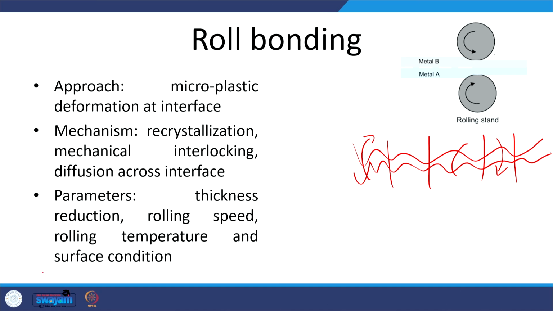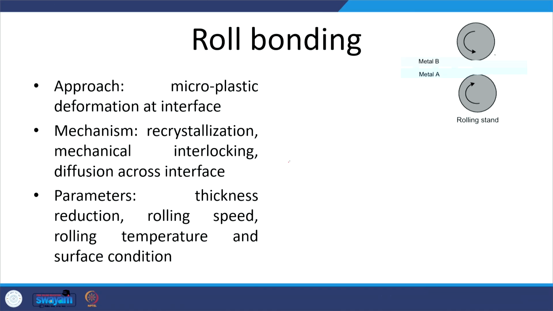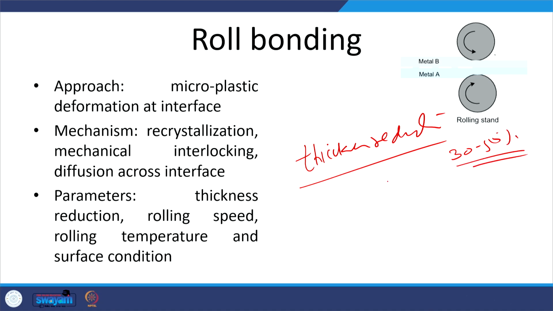So, as far as the important parameters concerned with this roll bonding process, the thickness reduction. There should be a minimum threshold reduction, which is usually say 30 to 50% depending upon the type of the metal and the surface condition.